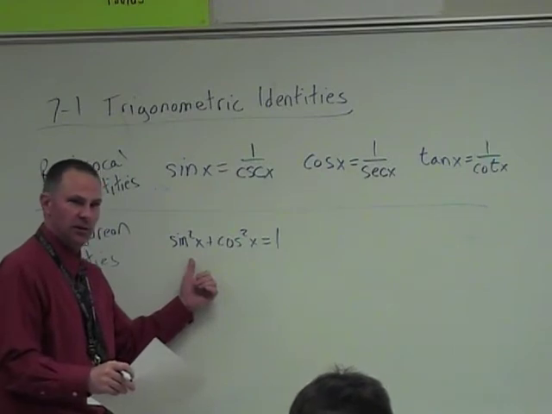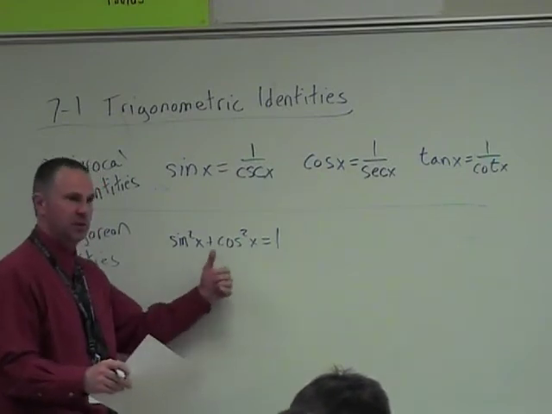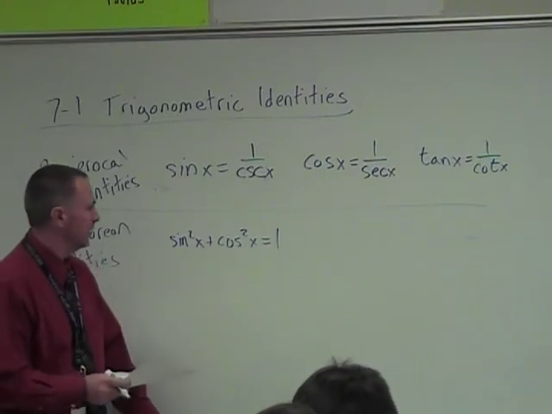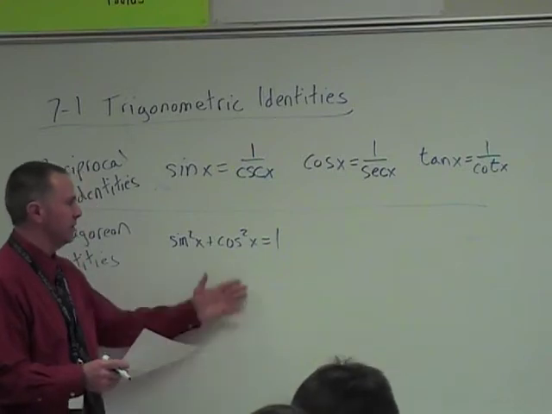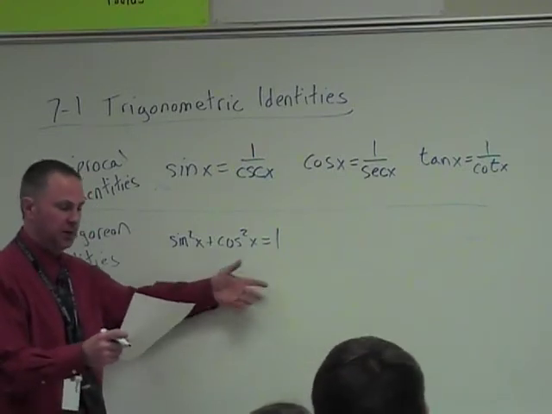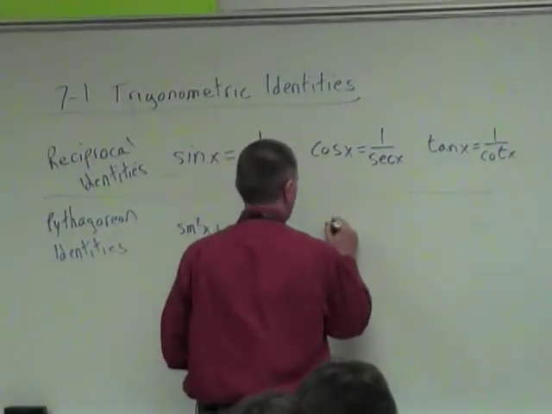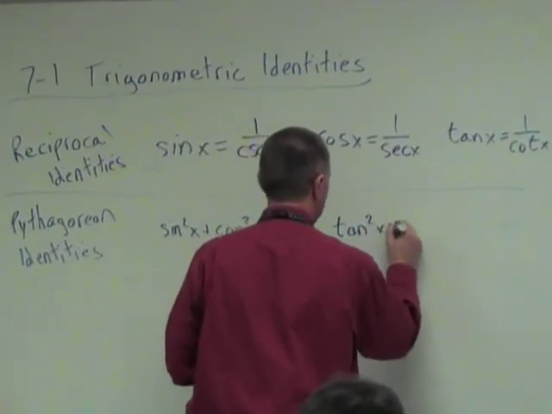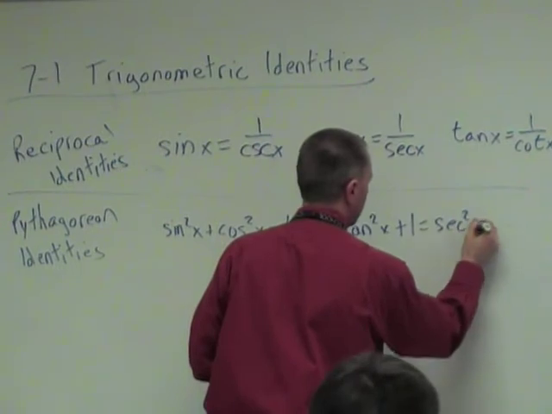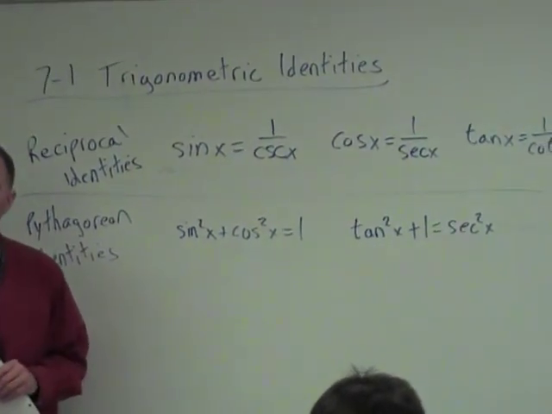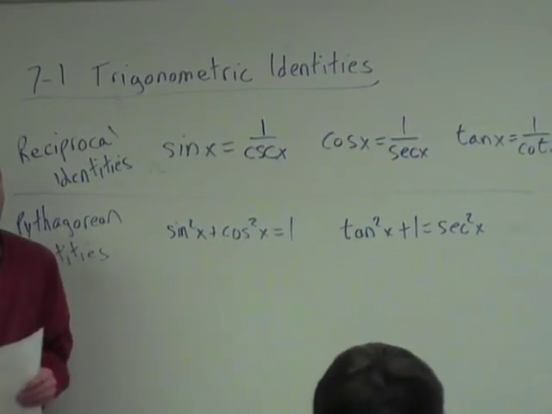You have a right triangle, the legs, x squared plus y squared equals 1 squared, which is something you're going to use here in the next chapter as well. So this is a Pythagorean identity, a squared plus b squared equals c squared, where c was 1. Then you had tangent squared of x plus 1 equals the secant squared of x. And these are just Pythagorean identities.